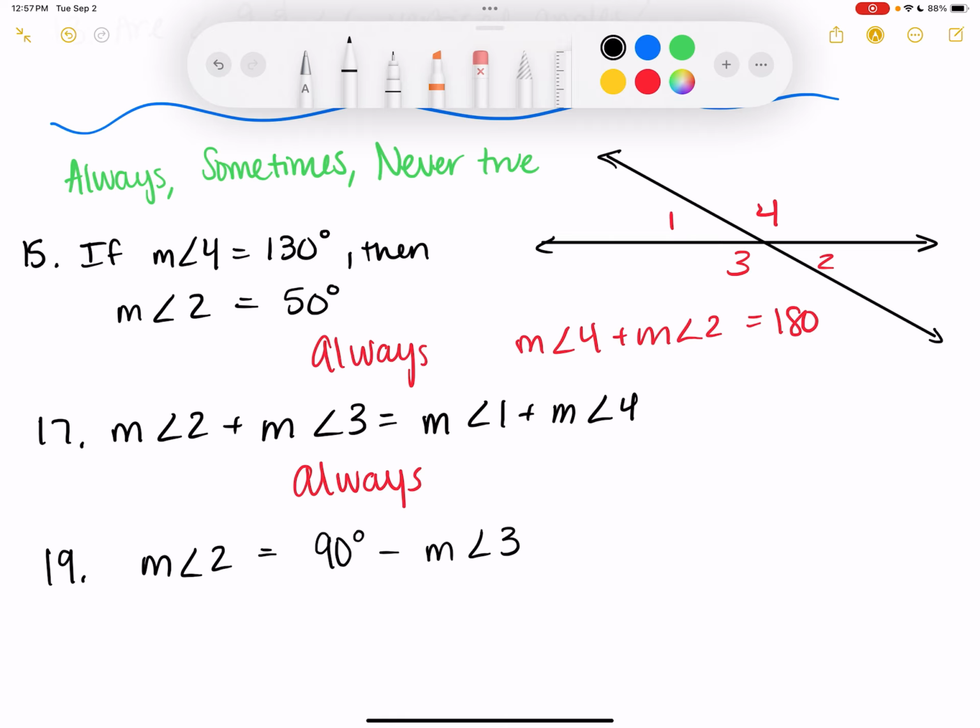No. Right. What should it be instead? 180. Yep, it should be instead 180 minus the measure of angle 3 would be equal to the measure of angle 2.